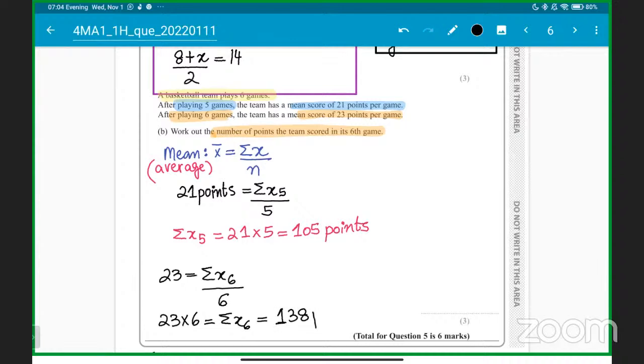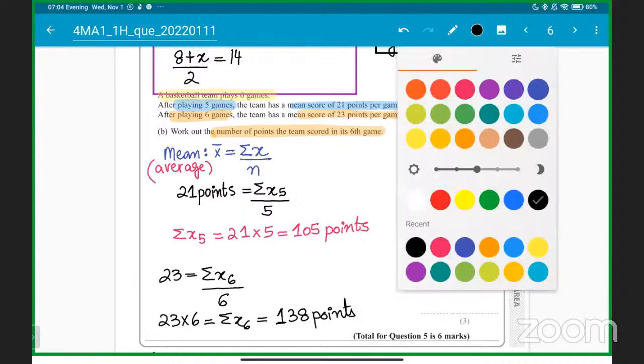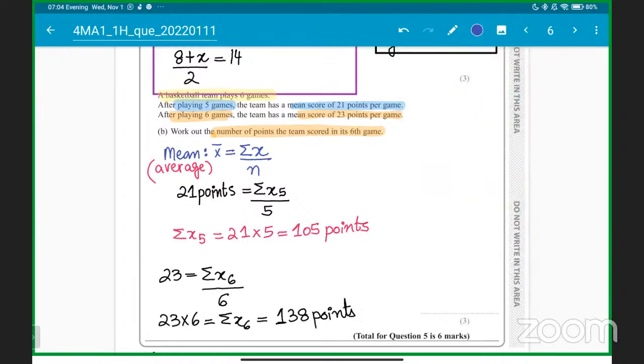So it's very simple and clear that after 5 games the points were 105, and after 6 games the points are 138, which means in the sixth game they scored the difference: 138 minus 105. So 33 points were scored in the sixth game.